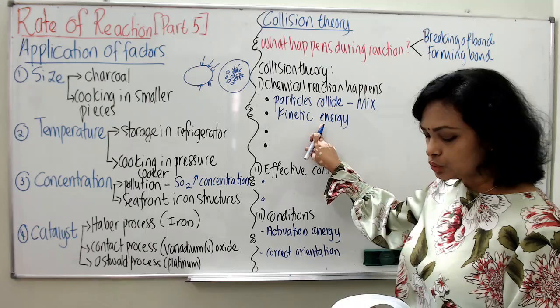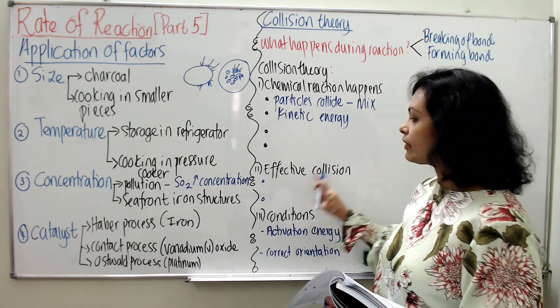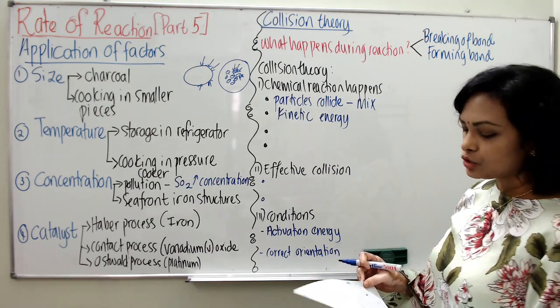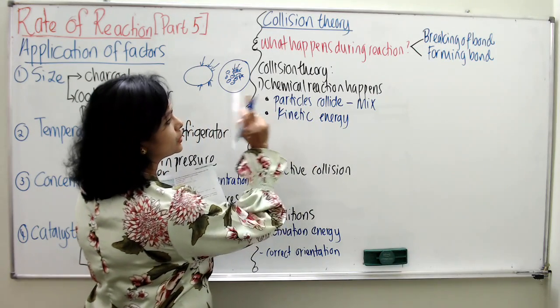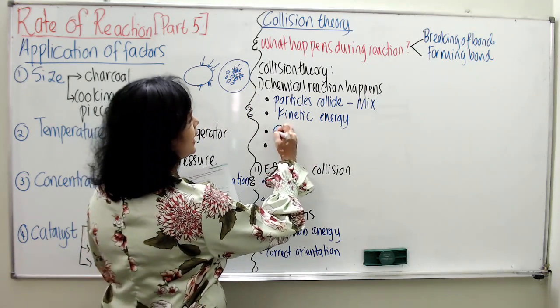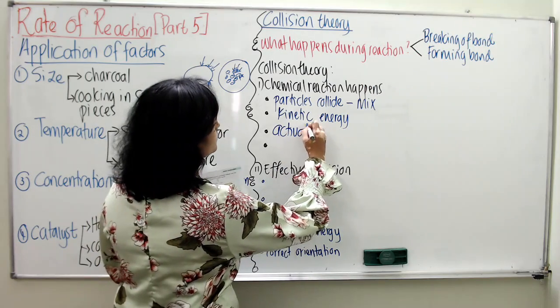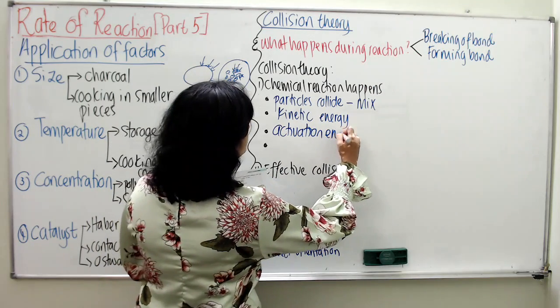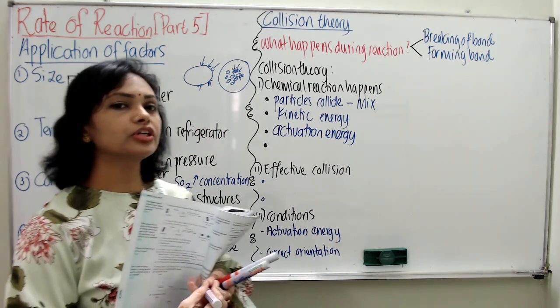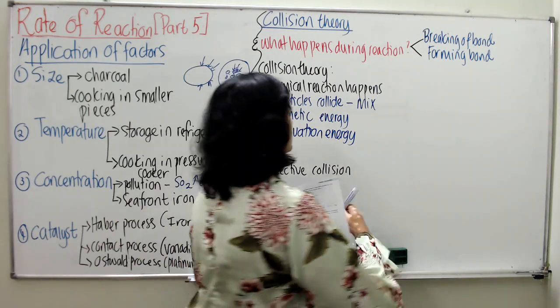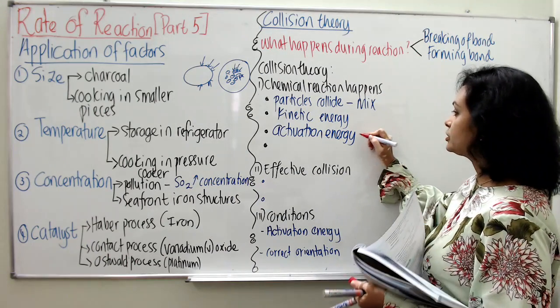Now let's go to what is effective collision. Okay, so another thing that you need to know is kinetic energy. What is needed during a chemical reaction is activation energy. Okay, so activation energy. I have to explain to you the meaning of activation energy.